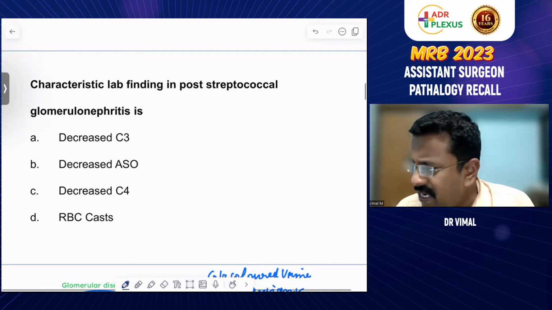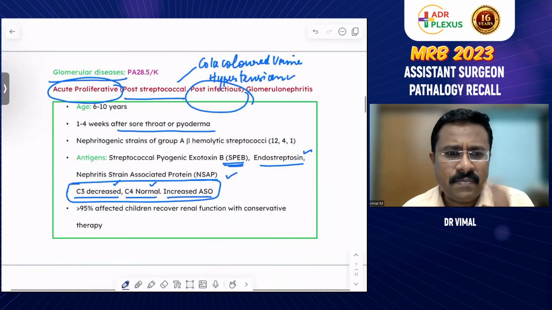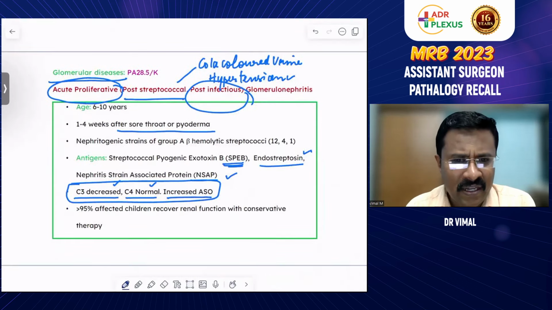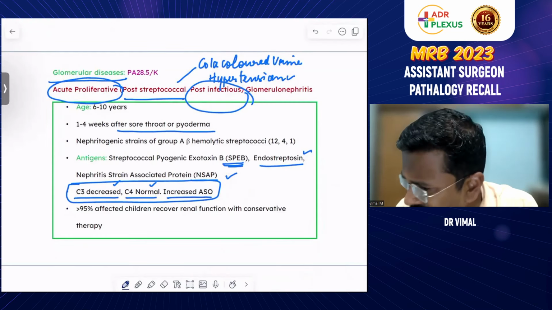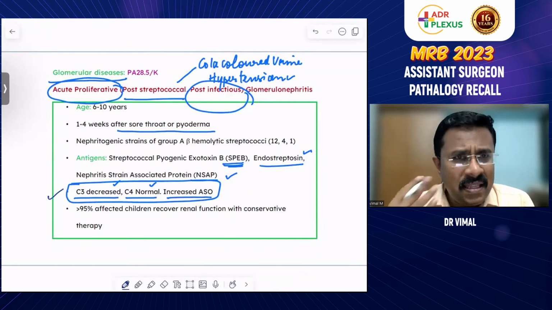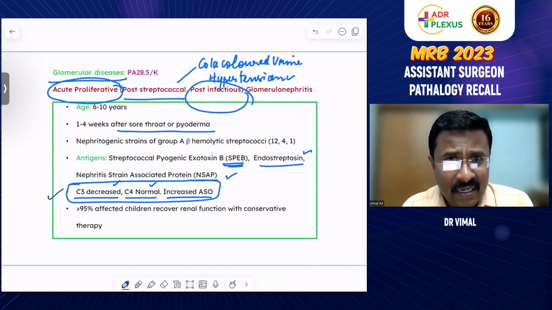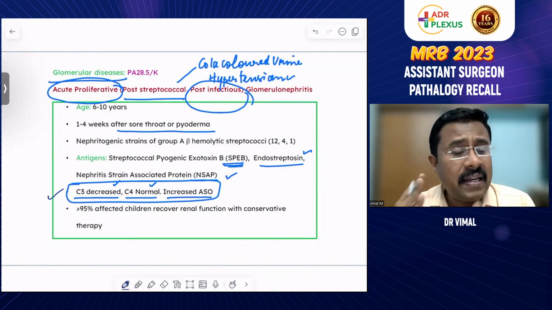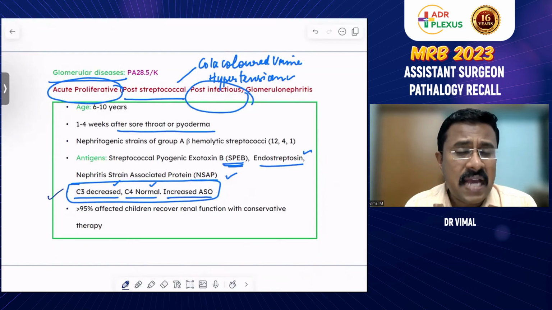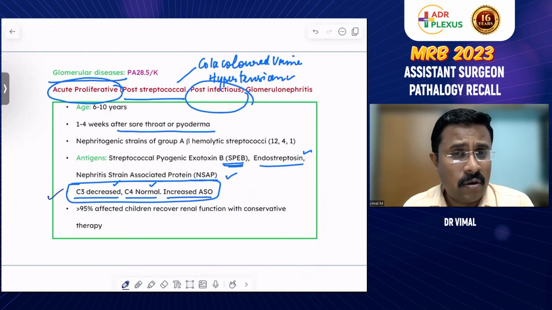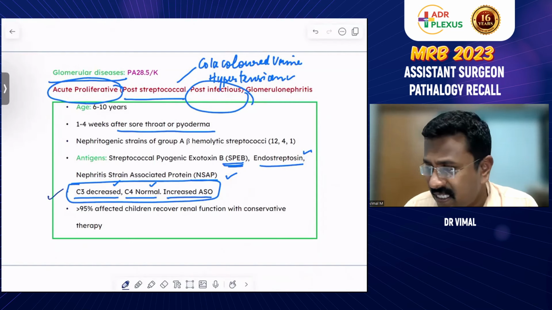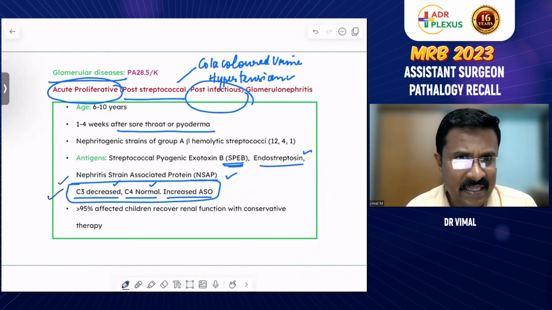But a very characteristic thing which I told in post-streptococcal glomerulonephritis is that the complement protein C3 is decreased, telling you that the alternate complement pathway is activated, and that is the reason the C3 is decreased.